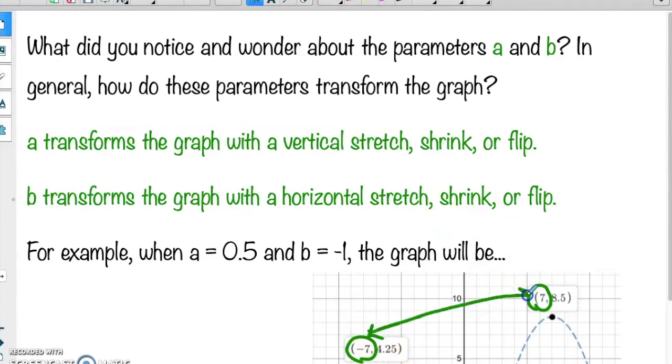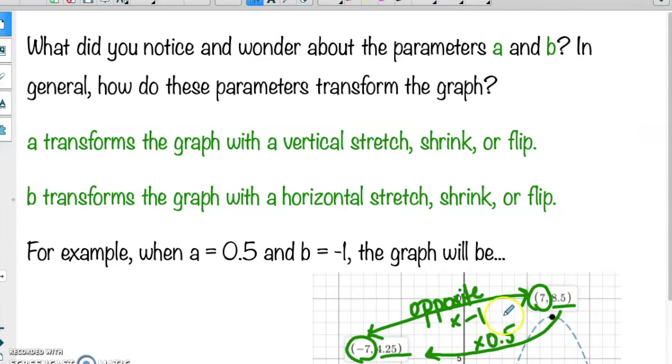They appear to be opposites of each other, and we know that opposites are the same values but different signs. And the only way that can happen is if we multiply one value by a -1 to get the other. So by multiplying by -1, we can go from 7 to -7. And then comparing the other values, the y values, 8.5 changes to 4.25 by multiplying by 1/2 or 0.5.